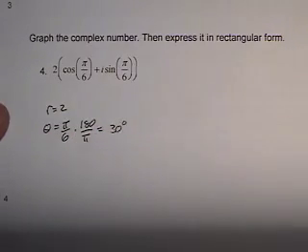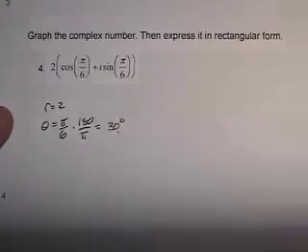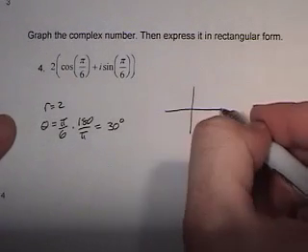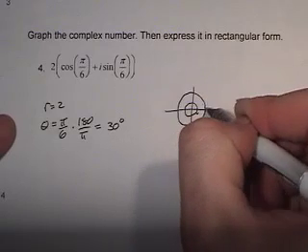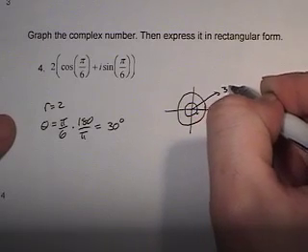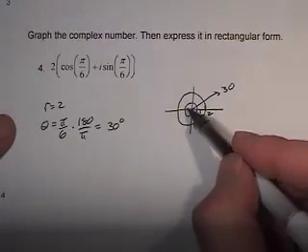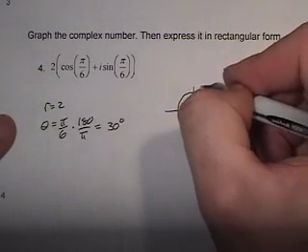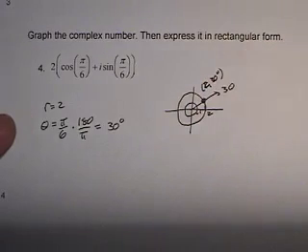There's no reason why you couldn't. So here's an r of 2, here's a theta of 30. Can you graph r is 2, theta is 30? Sure. Here's my circle. I go 30 degrees. This is 1, this is 2. So I need a distance of 2. R is positive, so I step forward. That's r of 2, 30 degrees right there.